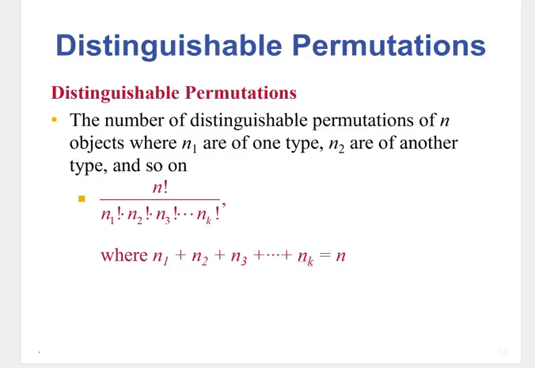So we have to have a way to divide out all the times a question was repeated. You do that by doing n factorial, which is how many questions you have on your survey, and then you divide each time by how many times a question was repeated. So let's do some examples so I can show you how it works.